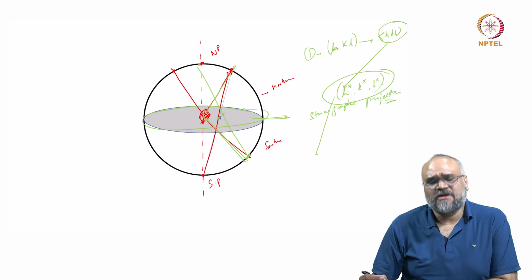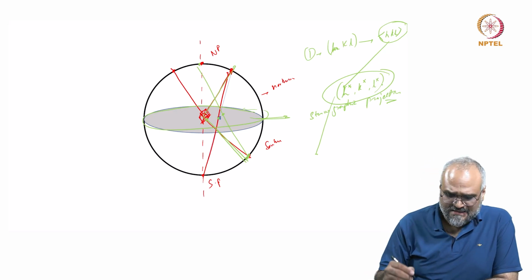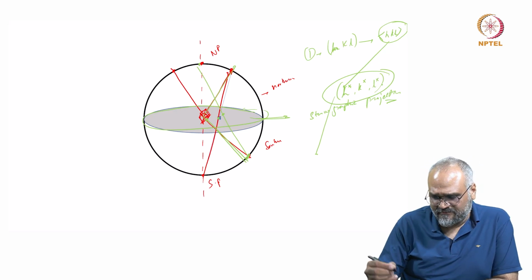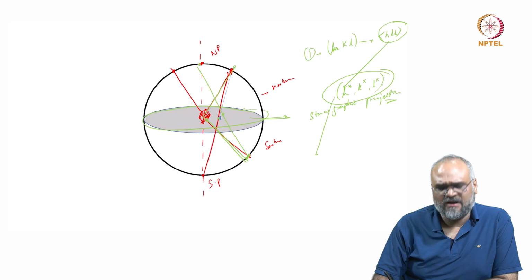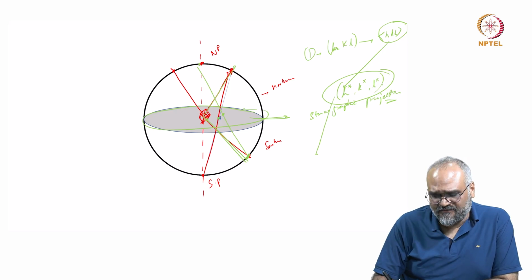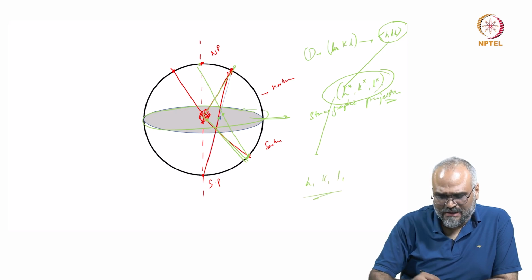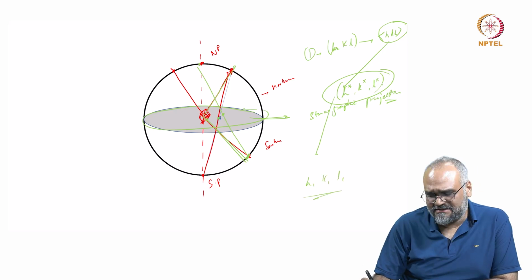So, the concept of stereographic projection is such that if I have a pole from a crystallographic plane with say indices H1, K1, L1, by doing this kind of an operation, I can relate it with a single point as H1 star, K1 star and L1 star.